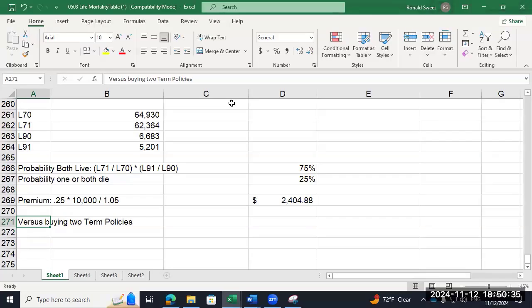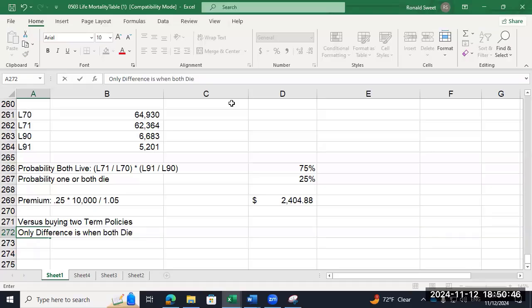But if they have two term policies, the estate gets 20,000. So the only difference is when both die. With two term, they get 20,000. With joint life, they only get 10,000.